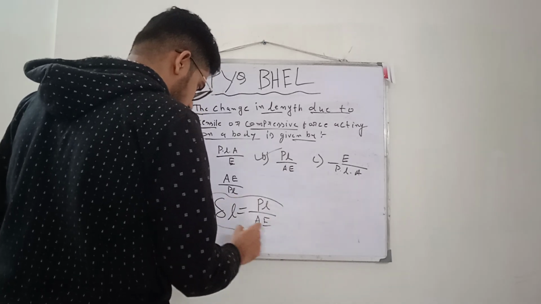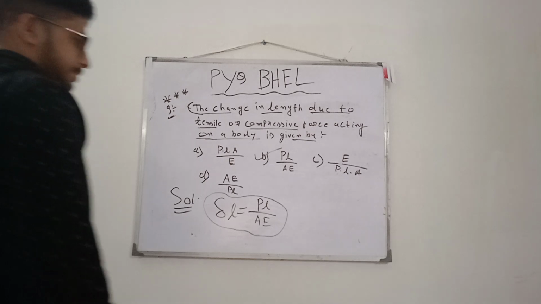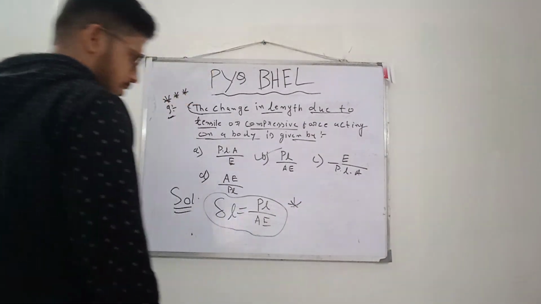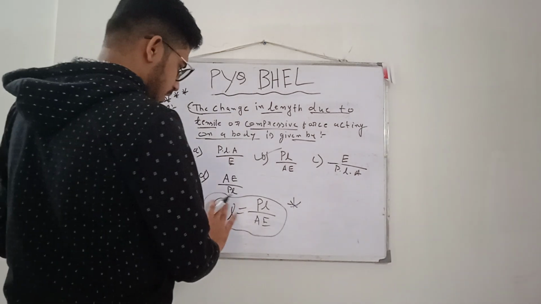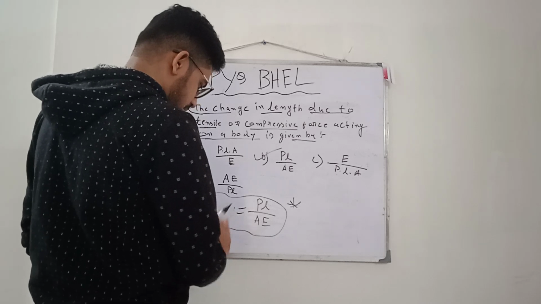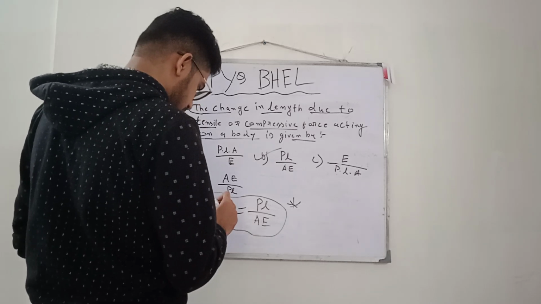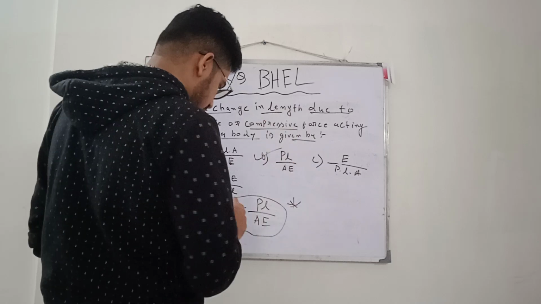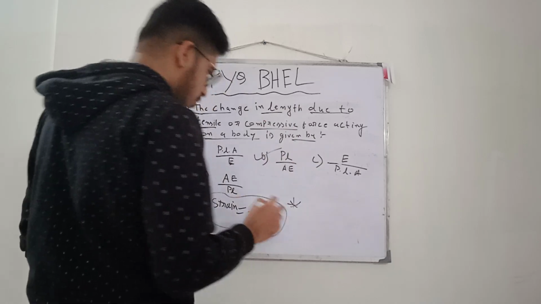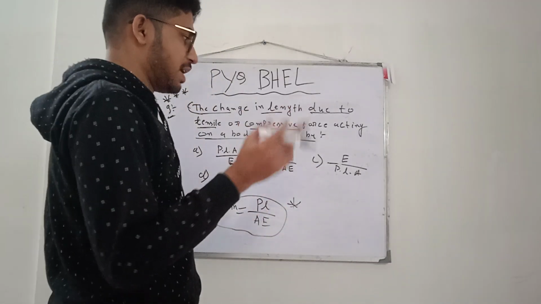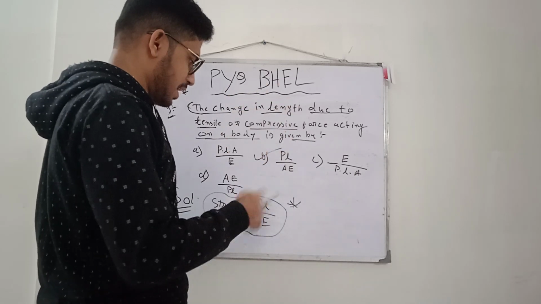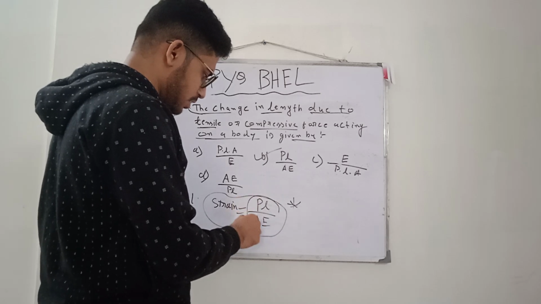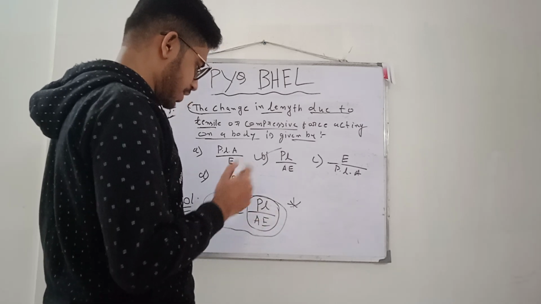This is a simple formula of strain. Mainly the strain formula is delta L by L, but there are many formulas for strain, and this is another one.